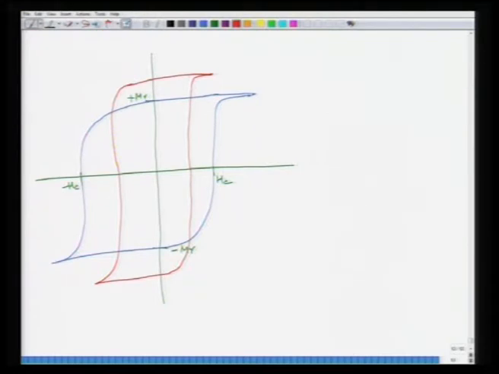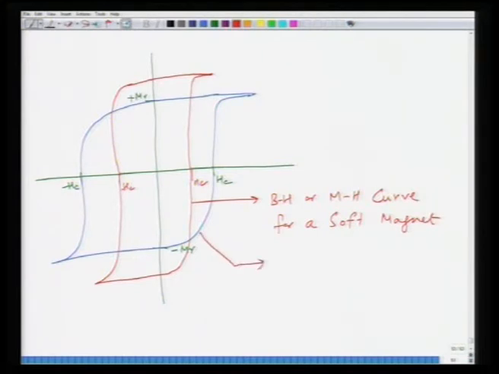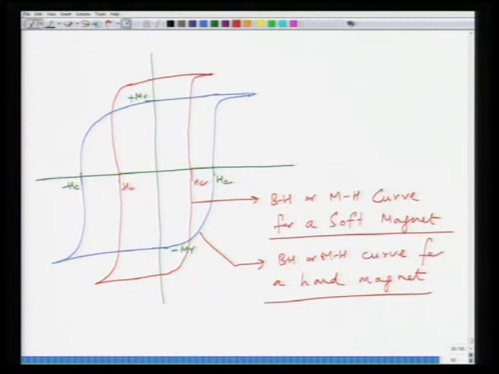Do not look at the magnitude of MR, that is just for illustration, but what is important here is that this Hc and this minus Hc are smaller than the green one. So, this would be called the BH or MH curve for a soft magnet, and this would be called the BH or MH curve for a hard magnet. All right, this is the typical differentiation.